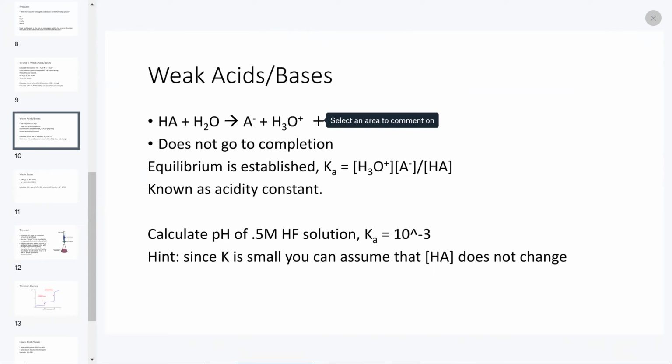And the quintessential weak acid would probably be acetic acid. So it's in vinegar. So acetic acid and vinegar. Other common acids are citric acid, nitrous acid, bisulfate is a weak acid. Yeah, so that kind of thing.